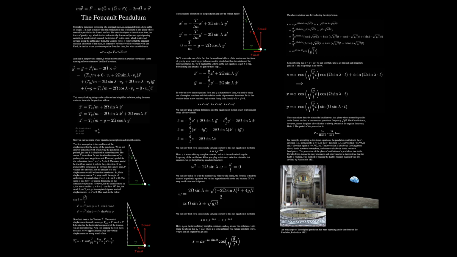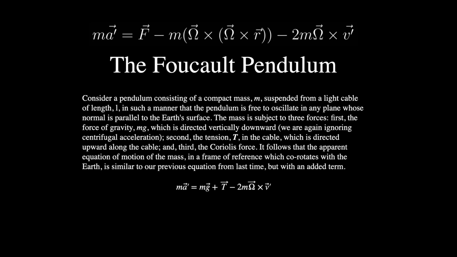a Foucault pendulum. A Foucault pendulum is simply a pendulum that is hanging from a very long, very stiff wire. So there's a heavy bob at the end and a very long wire, and we're also making something that has a very long period for its oscillation.